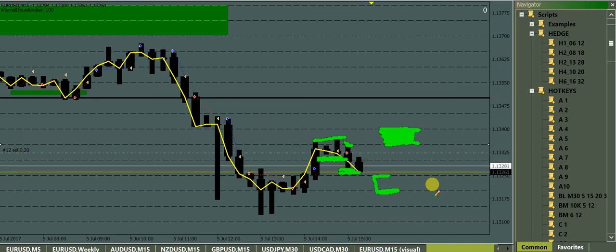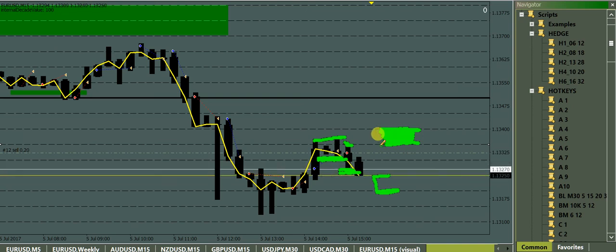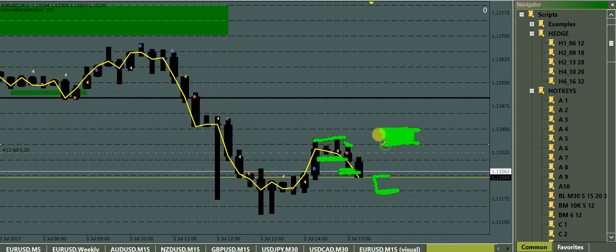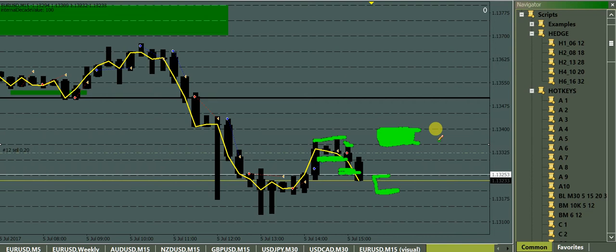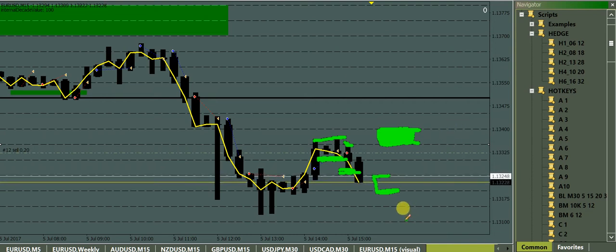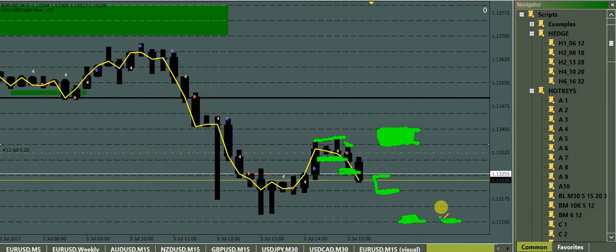Imagine, I did it on a spreadsheet, and it's 50. It's hard to believe, but you could have a logarithmic thing where it's literally a half a pip away. So you have a quarter pip away, a half pip away, a whole pip away, 2 pips away, 3 pips away.